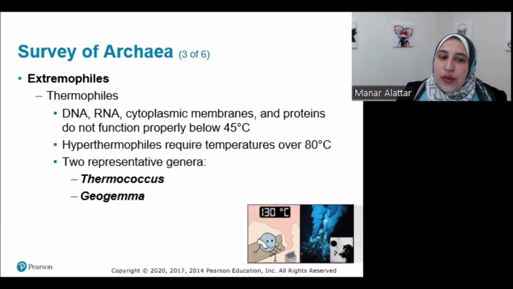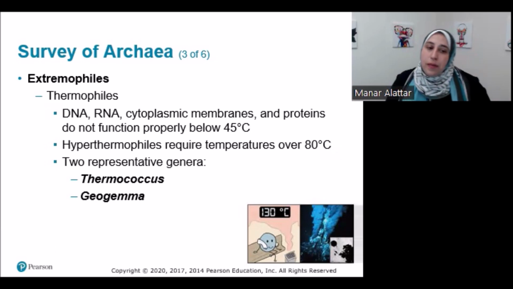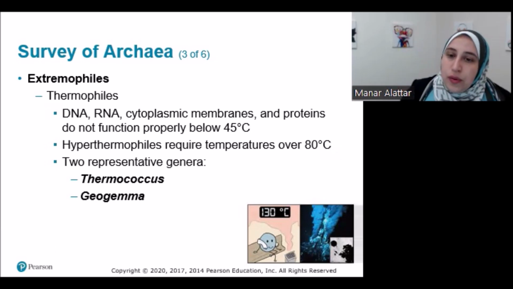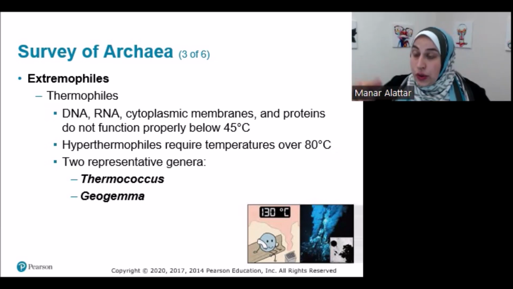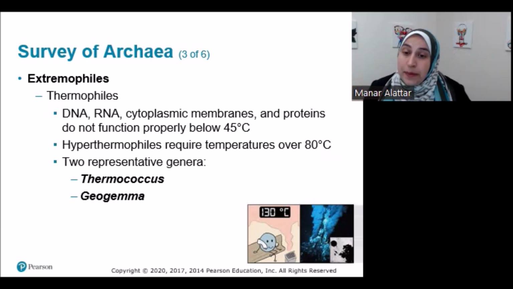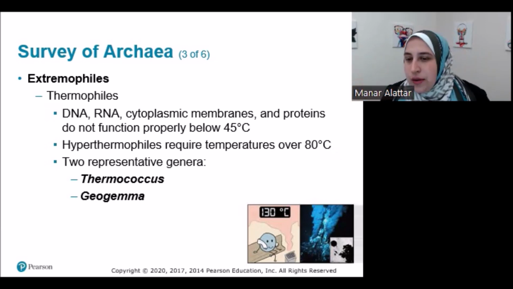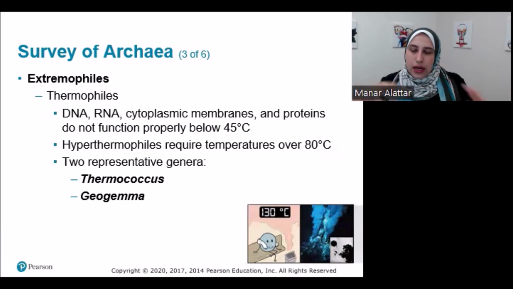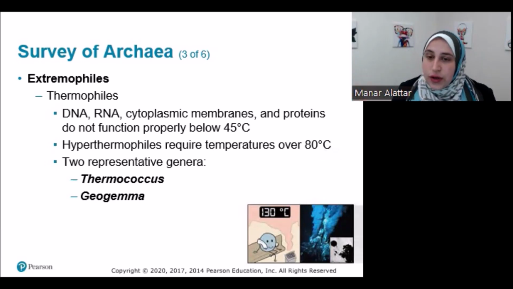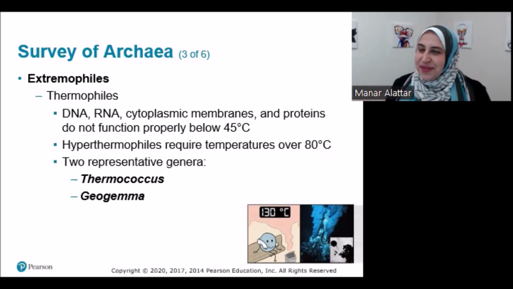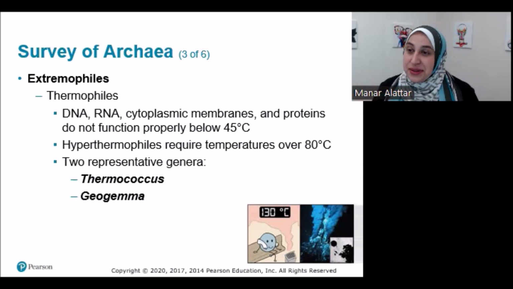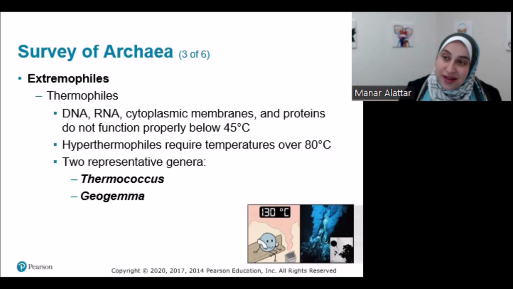So we have Thermococcus and Pyrodictium, which you'll see in a minute, both organisms that exist in acidic hot springs, so actually extremes of temperature and pH, and that tend to be found in volcanic habitats or deep ocean rifts, for example, and they can withstand both high temperatures and acidic pHs. But the champion for thermophiles and actually being able to withstand highest temperatures is called Geogemma.